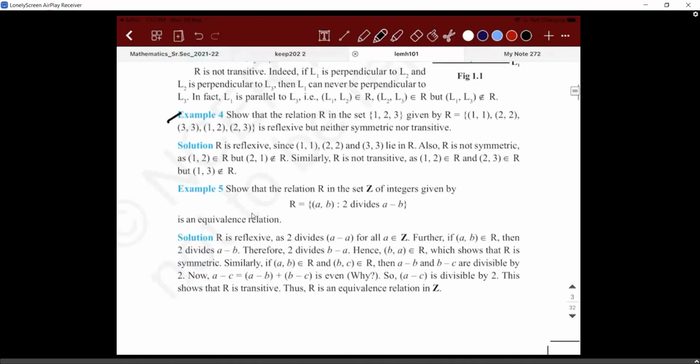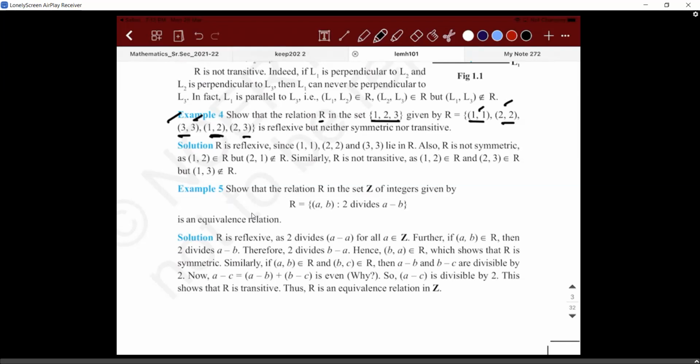Listen. Show that the relation R in set A = {1, 2, 3} given by R = {(1, 1), (2, 2), (3, 3), (1, 2), (2, 3)} is reflexive, but neither symmetric nor transitive. Forget about transitive for now. So 1, 2, 3. How many such ordered pairs should you have for you to call it reflexive? 3: 1, 1, 2, 2, 3, 3. Are they there? So it is reflexive. With that, the reflexive job is done. Next, you need to check symmetric.